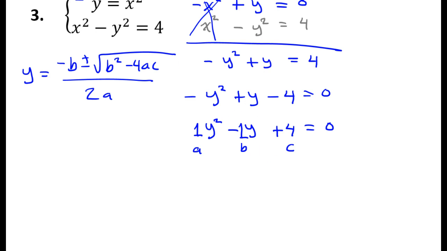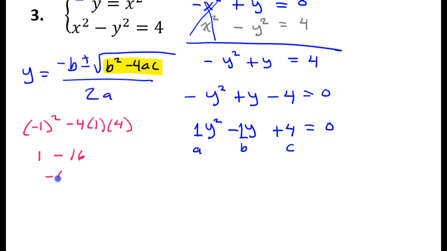The part underneath the radical is called the discriminant, and you should always calculate that first before you do anything else. So that would be negative 1 squared minus 4 times 1 times 4. So that's going to be positive 1 and then minus 16.